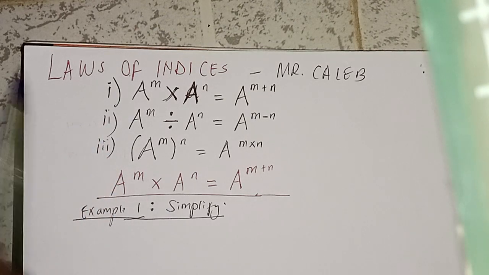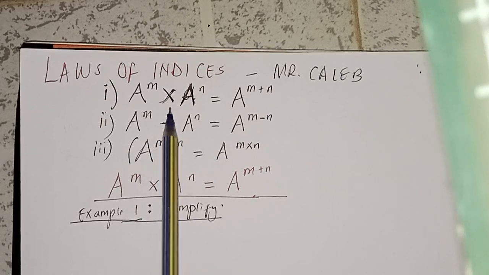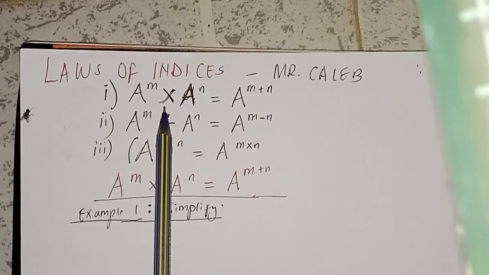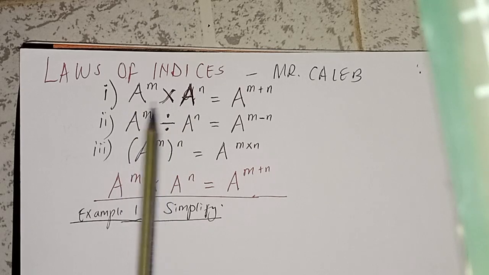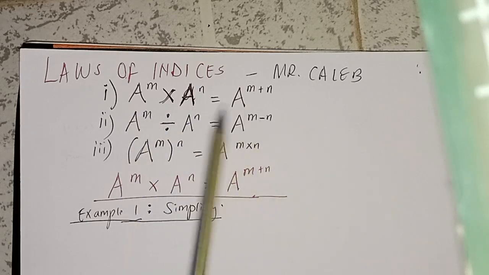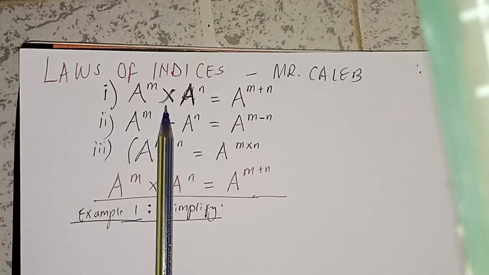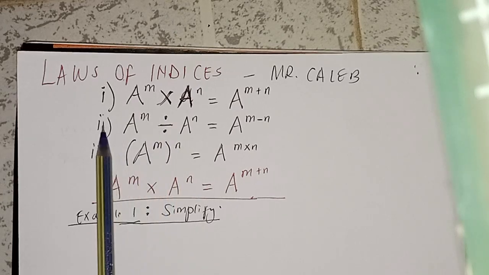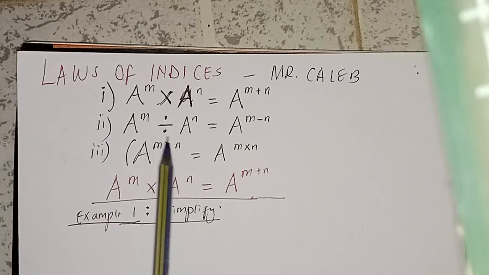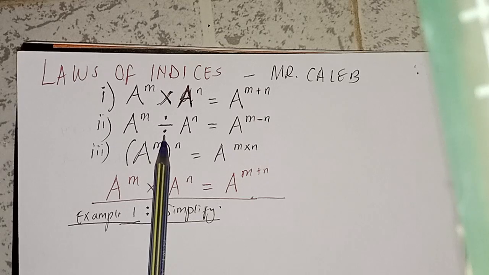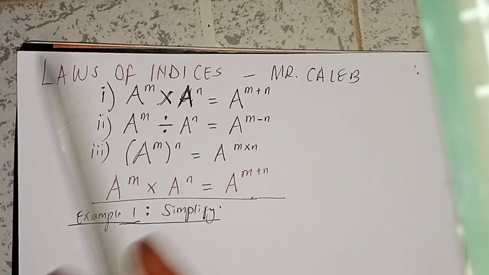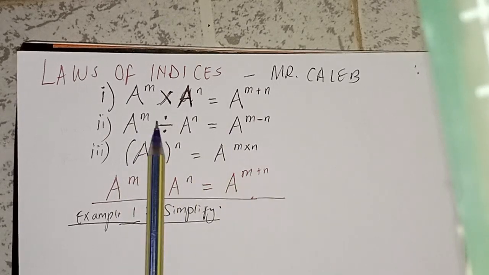Okay, so the first law here, we usually call it the law of multiplication, simply because you're usually multiplying two or even more numbers. Then number 2, we call it the law of division, because we are simply dividing two numbers.